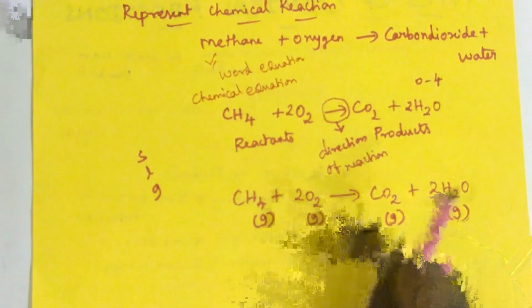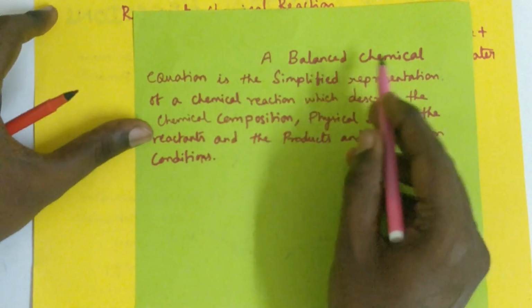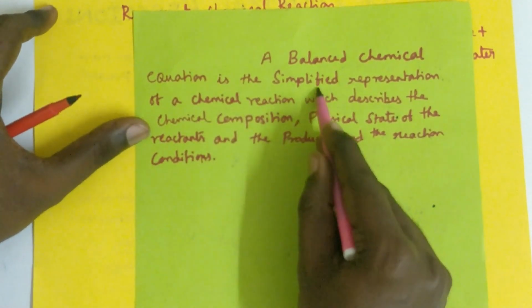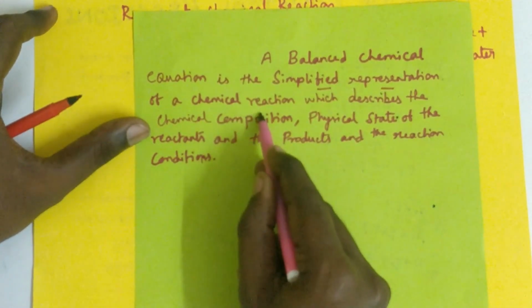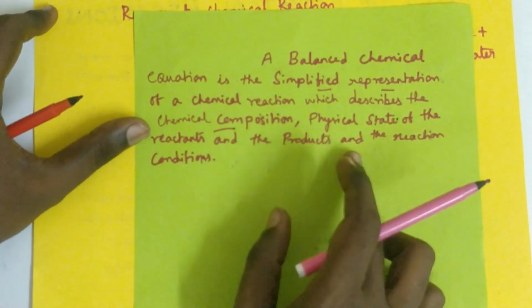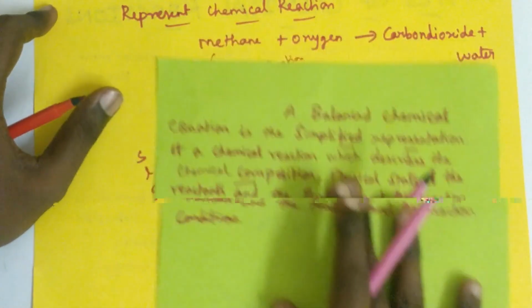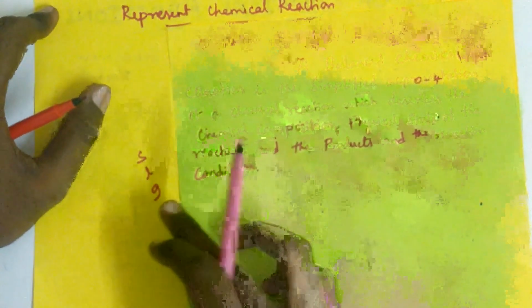So based on this, they define the balanced chemical equation as the simplified representation of a chemical reaction in terms of chemical composition. Chemical composition means balanced, where both the left hand side and right hand side become equal. And the physical state of the reactants, as already mentioned, S means solid, L means liquid, G means gas.